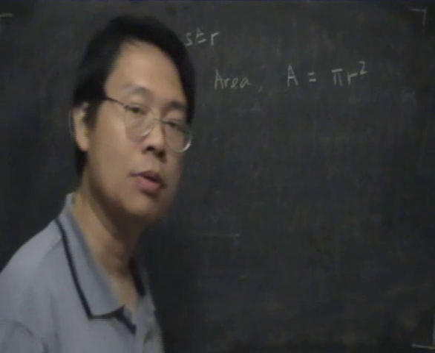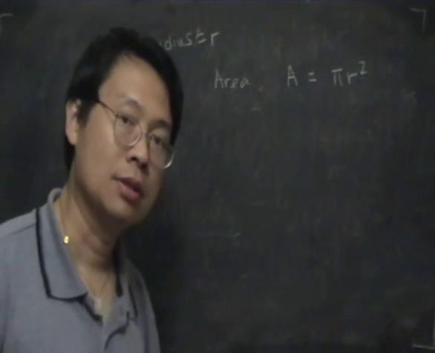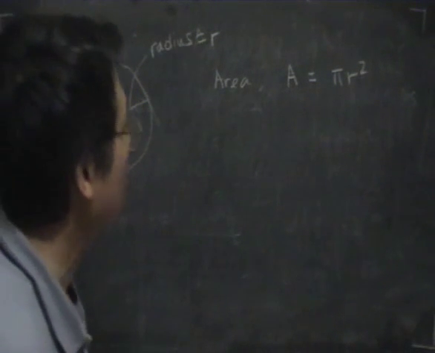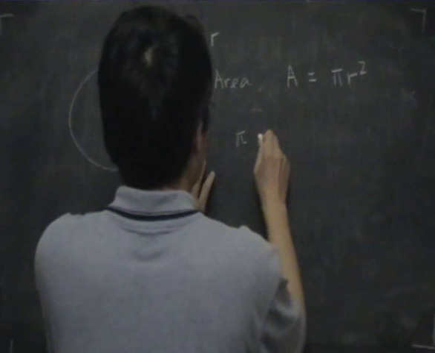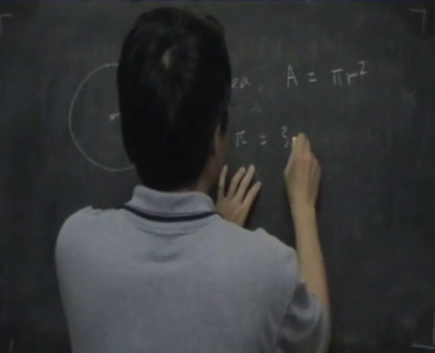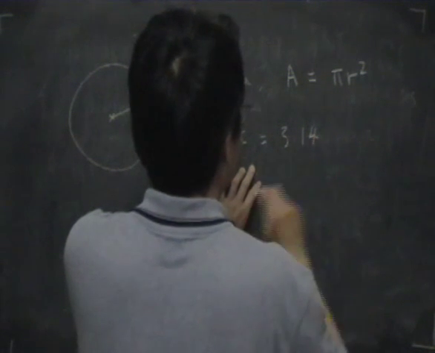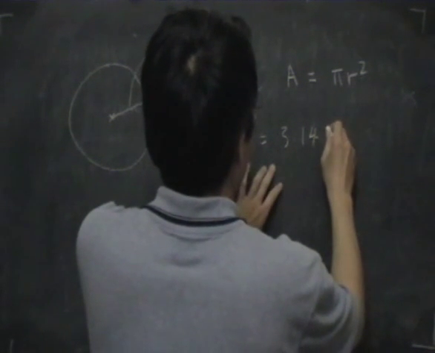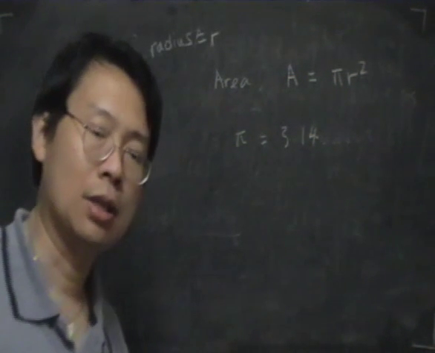Now, pi is a number, it's a special number. Pi is equal to 3.14 and so on.